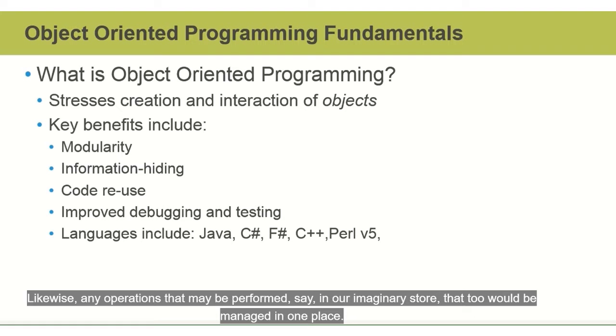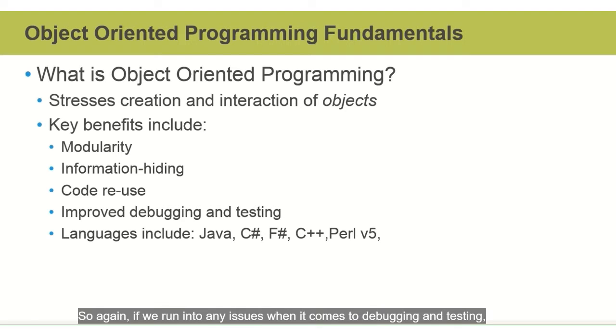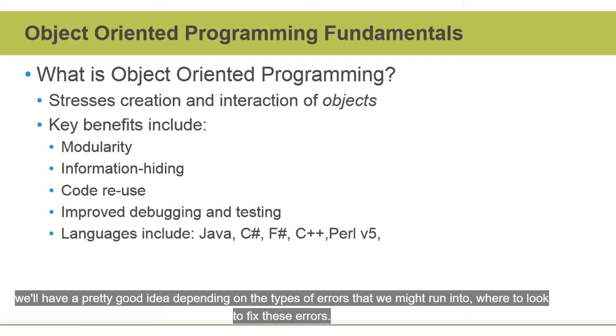Likewise, any operations that may be performed in, say, our imaginary store, that too would be managed in one place. So again, if we run into any issues when it comes to debugging and testing, we'll have a pretty good idea, depending on the types of errors that we might run into, where to look to fix these errors.